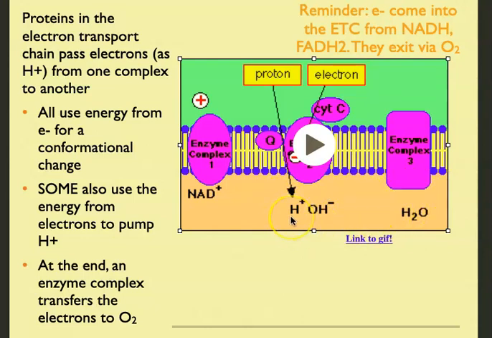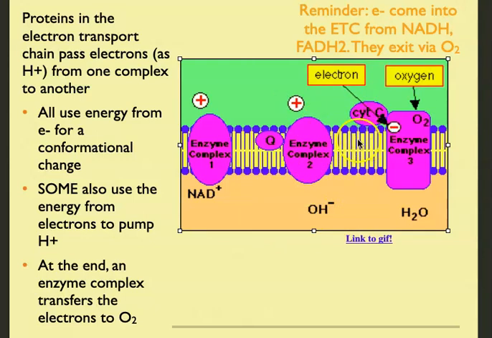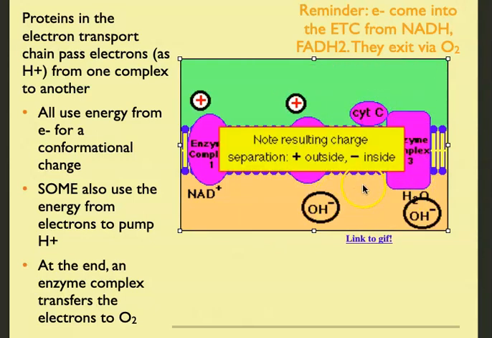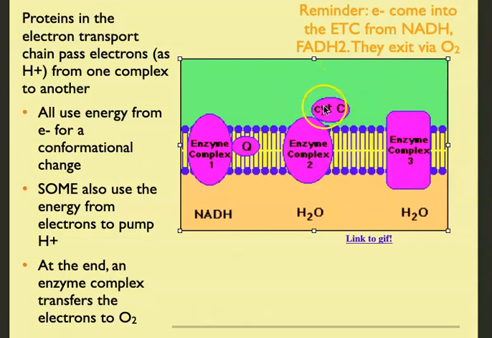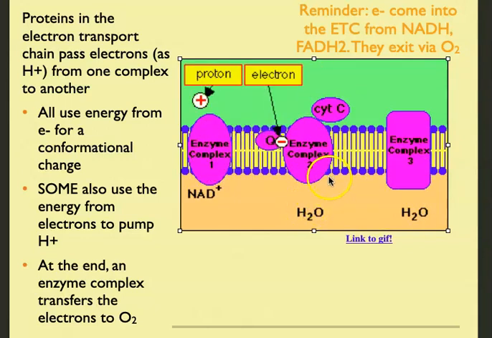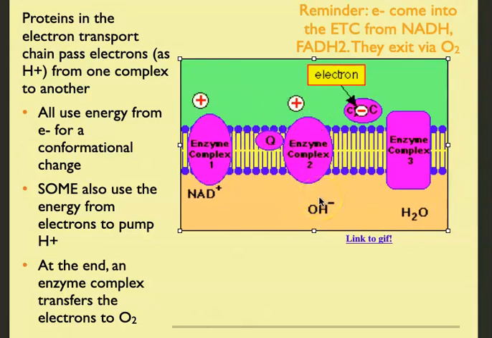As we know, the cell is mostly filled with water, and in a water solution we often have protons because water can be broken up into H plus and OH minus. Then the electron can be passed on, and there is proton pumping going on in multiple enzyme complexes.